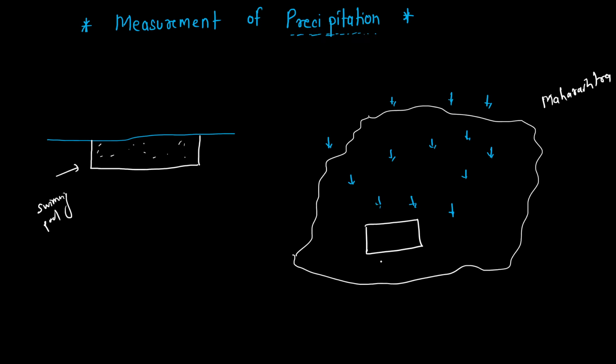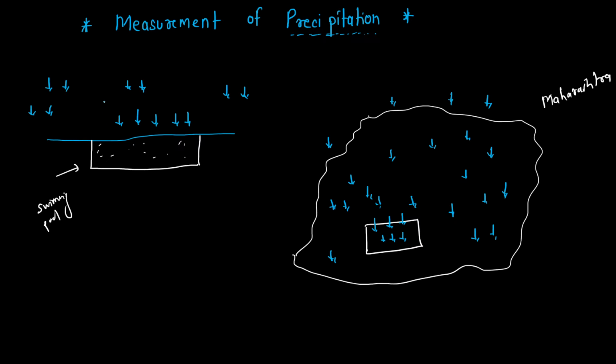Now when the rainfall will start, okay, when the precipitation will start, what will happen? The raindrops will start falling on this area, that is, in Maharashtra there will be rainfall. Along with this there will be a certain amount of water that will be falling directly in the swimming pool. Okay, if you take this example here, there will be some rainfall which is falling here, some rainfall which is falling here, and a certain amount of rainfall will be directly falling into this swimming pool.